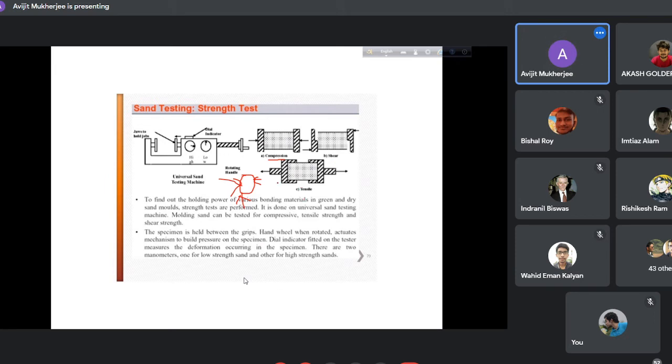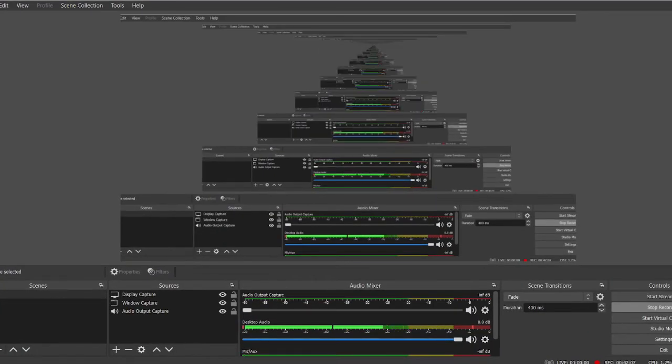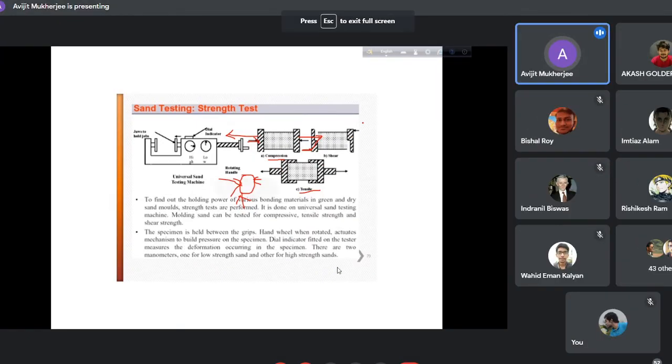And tensile, the load is now applied not in this direction, a tensile force is applied in outward direction. So again it will tear after some time. So how long it can withstand? Accordingly we can measure. And some shear is also important. Shear means the force is applied from this end and that end, that is, it will just shear.